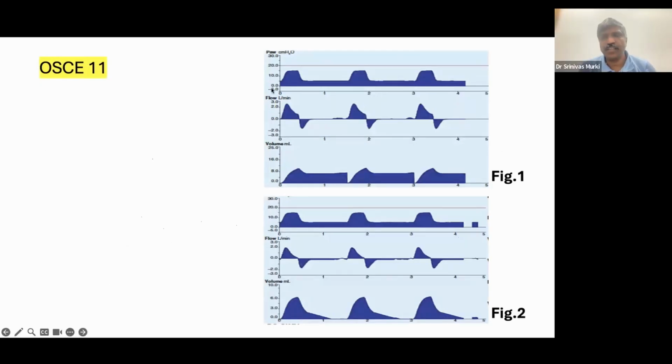Yes, I think again we are coming to a similar concept here. There are two figures shown here, figure 1 and figure 2. Please have a close look at figure 1 and figure 2. They are from the same baby. So what is shown in figure 1 and what happened in figure 2? There was a small adjustment made and figure 1 became figure 2.